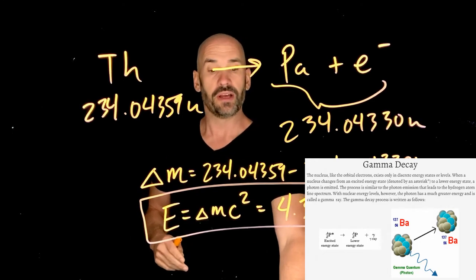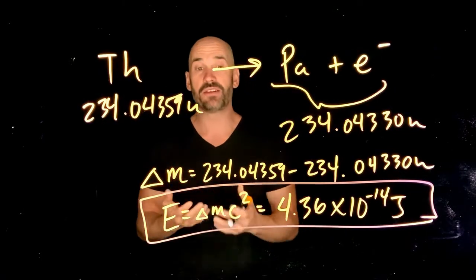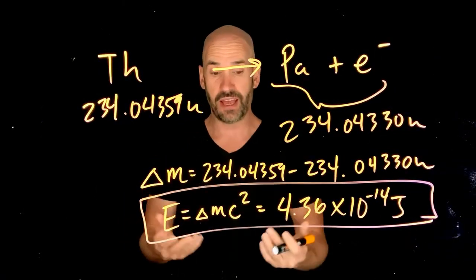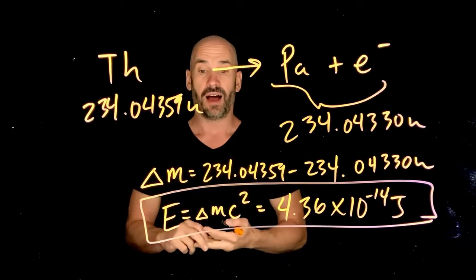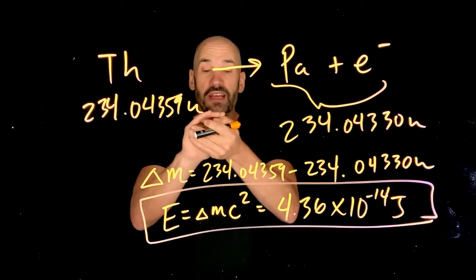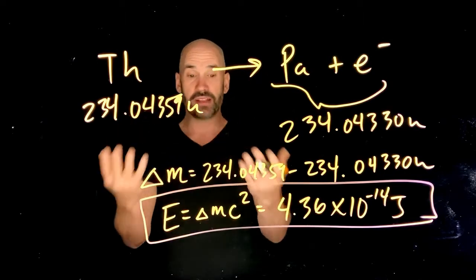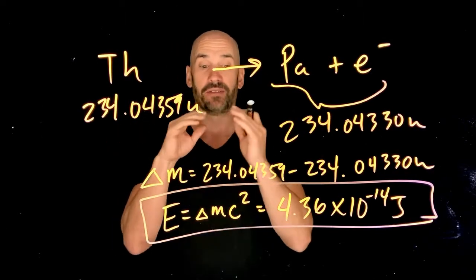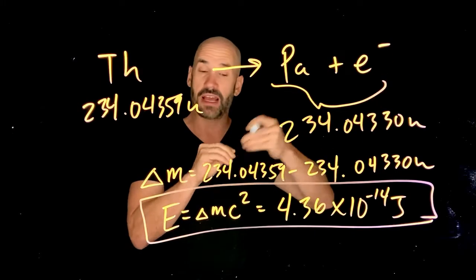Okay, so that is a summary of the three major types of radioactive decay. You have alpha decay, beta decay, and gamma decay. In the case of alpha decay, you have a whole helium nuclei being released during the radioactive breakdown. In the case of beta decay, you just have an electron being released, a super high energy electron.